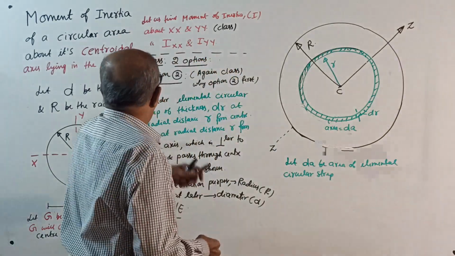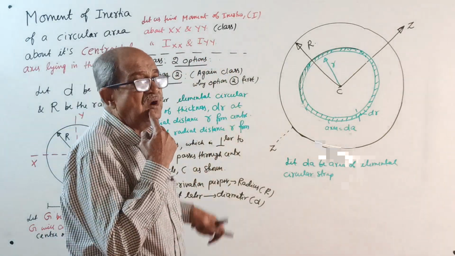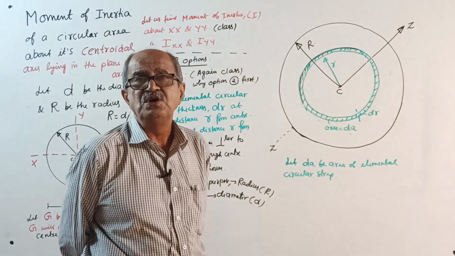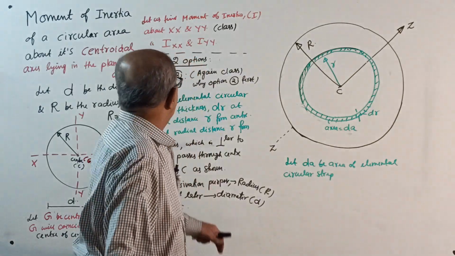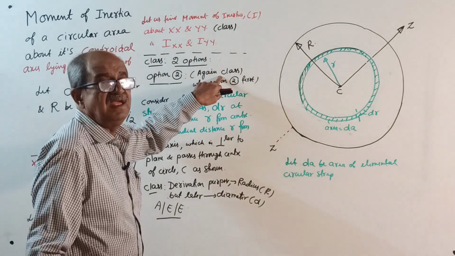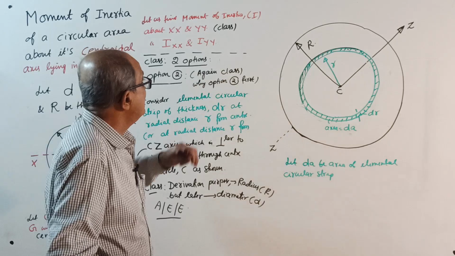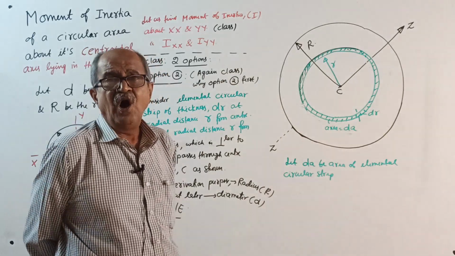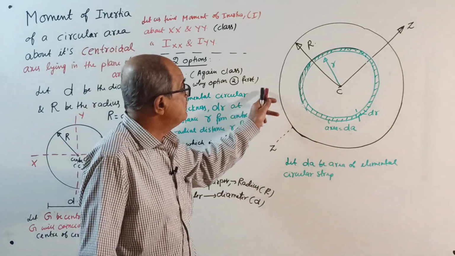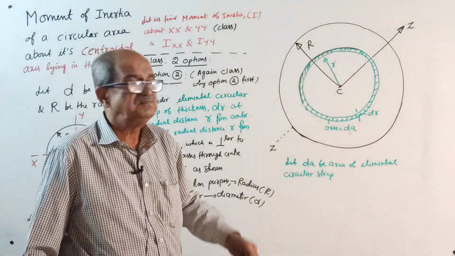So actually I should do option 1 first, and once I finish option 1, go to option 2, the easy method. But I am going for option 2 first. I will tell you why in the class. Because option 2 is very simple and we are using it for circle. That's all.